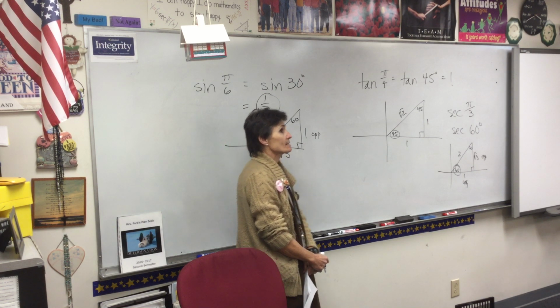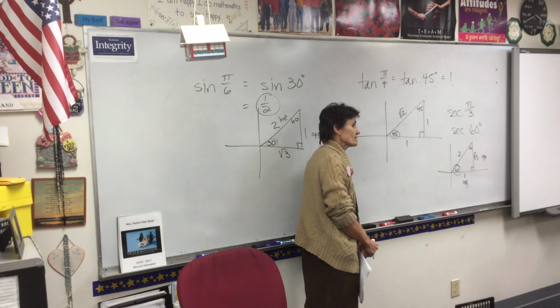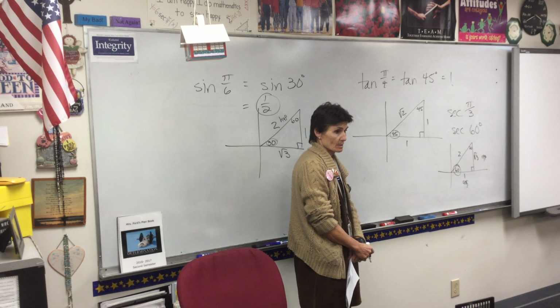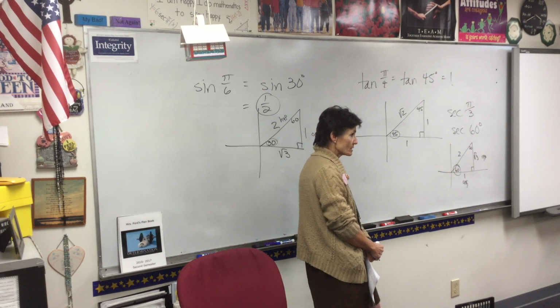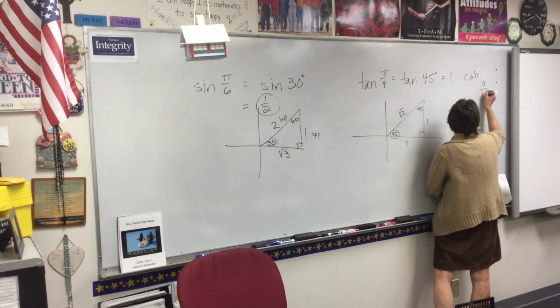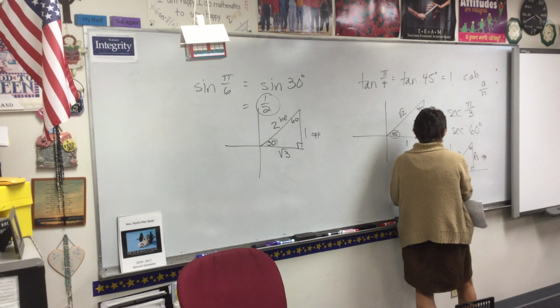Now I want secant. Secant is the reciprocal of cosine. So cosine is adjacent over hypotenuse. So I need hypotenuse over adjacent.